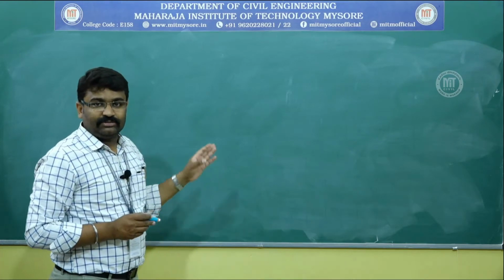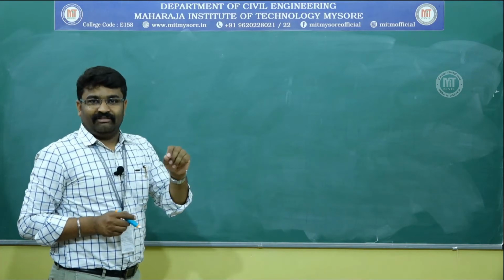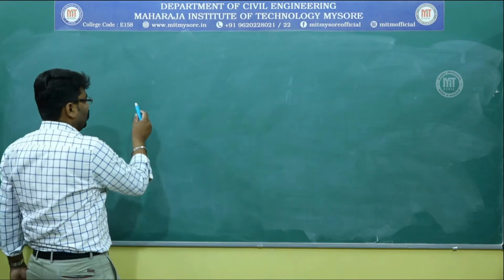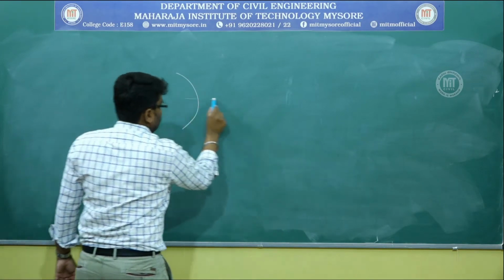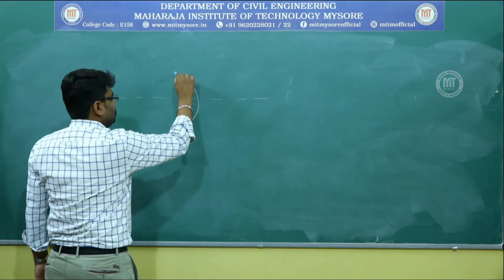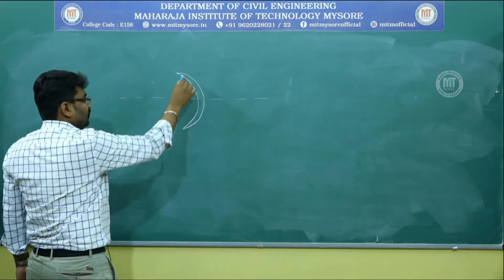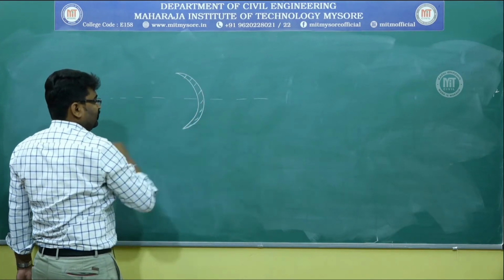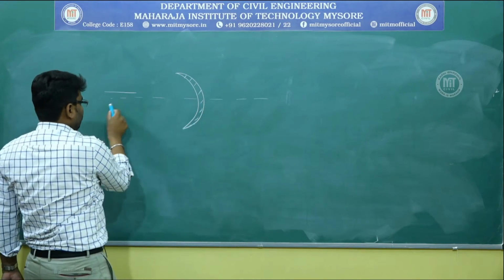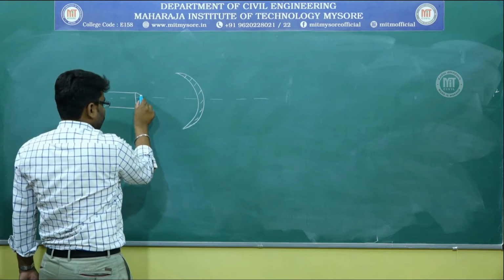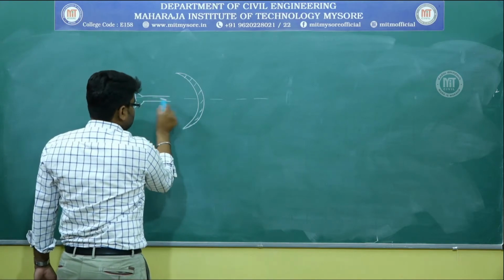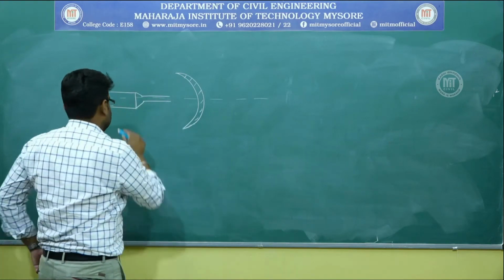I will draw the diagram so that you get to know the relative velocity that I just spoke about. I will first draw the line of reference and draw the curved vane. Now, you have a pipe as usual and a nozzle fitted to it and the jet coming out of the nozzle.